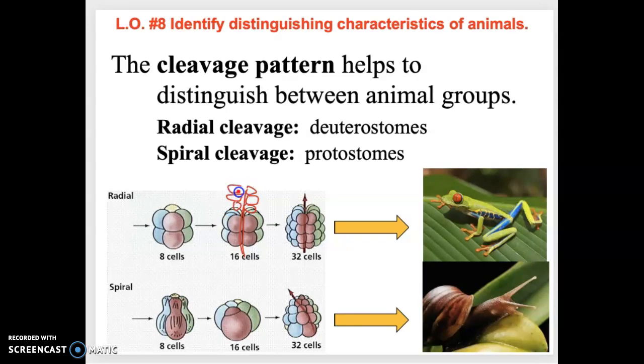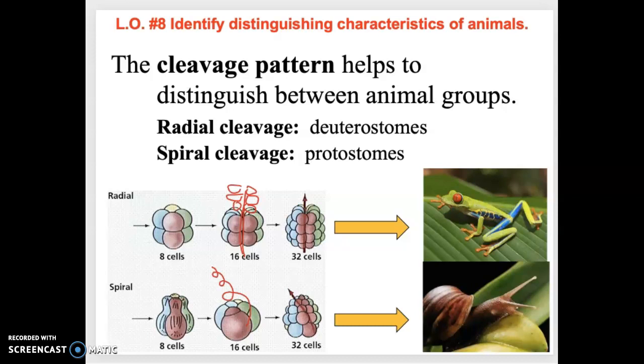That is radial. Spiral cleavage, same process of cells dividing, but as they divide, they start stacking up in a spiral pattern. This is not a really good way to draw it, but I apologize. I'm working with the tools I have here. The cells stack up and they twist in a spiral pattern.